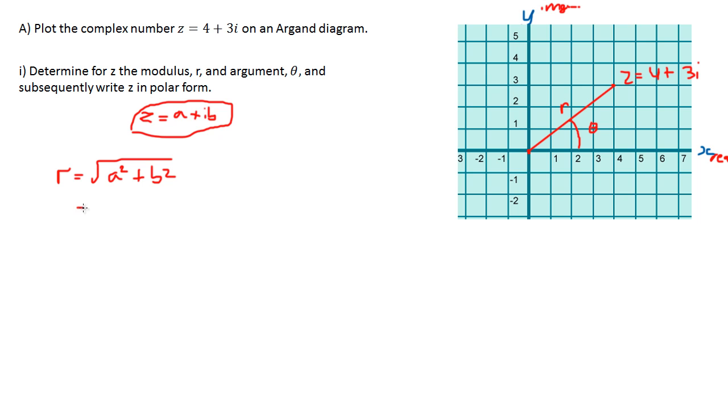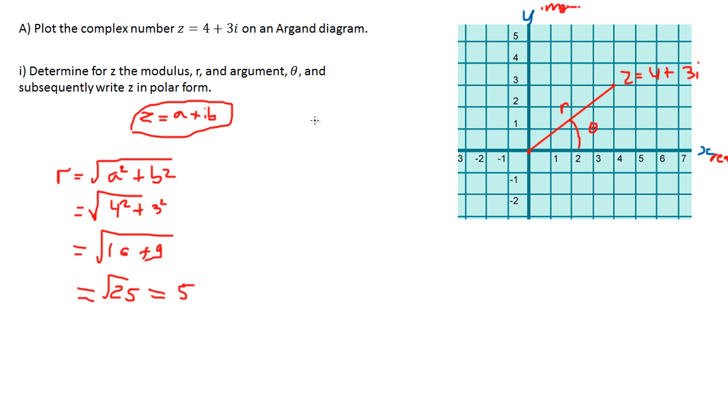So this will be the square root of 4 squared plus 3 squared. And the inside will be 16 plus 9, which will be square root of 25, which will be equal to 5.